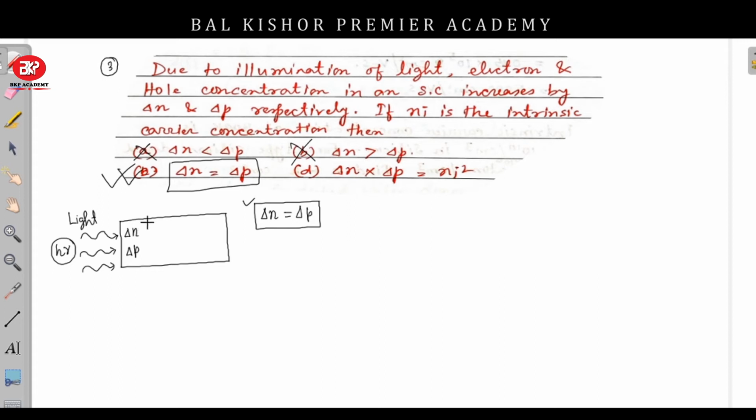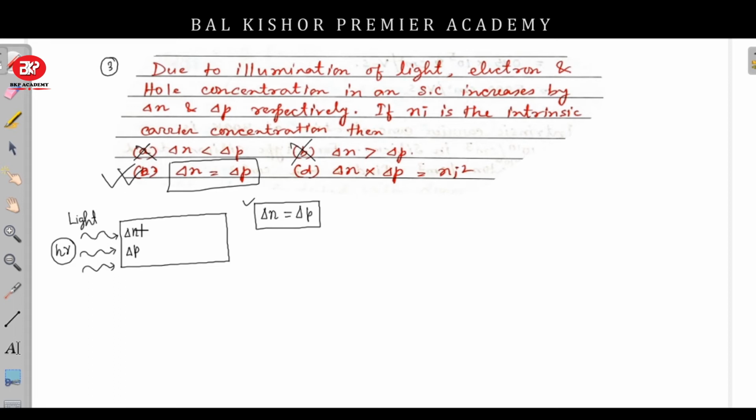That means when the light will be incident on the semiconductor, then you can say that light is a stream of photon particles, where the photon particles will have an energy of h nu individually, and this energy will create some excess amount of electrons and holes inside the semiconductor.